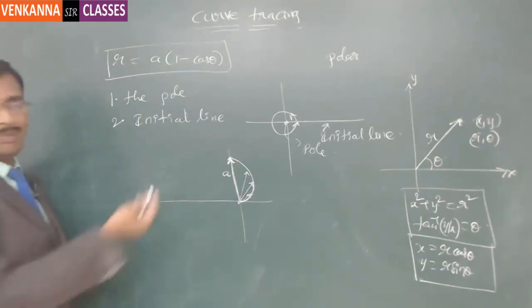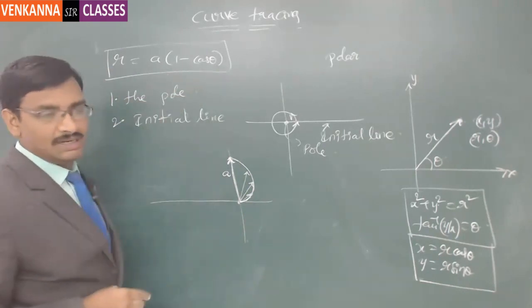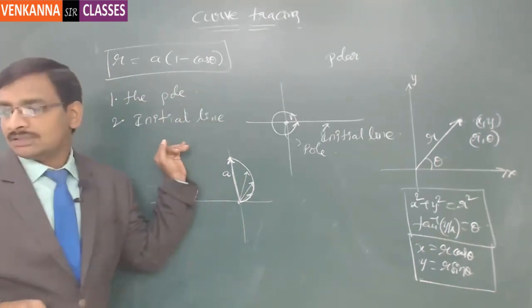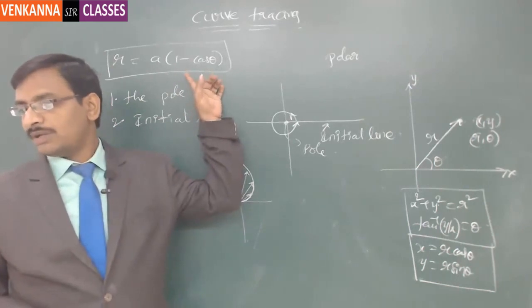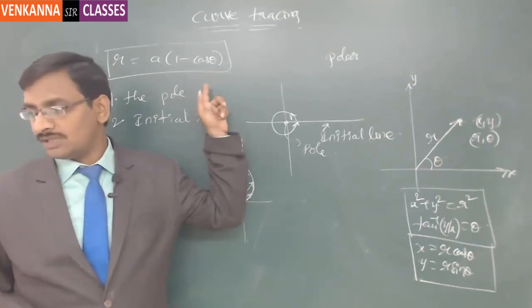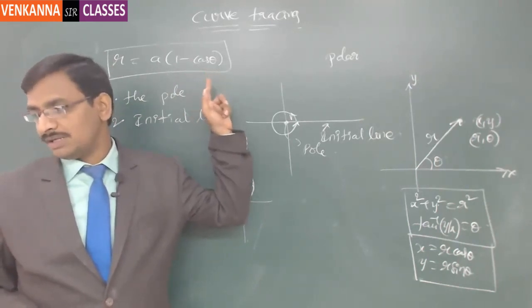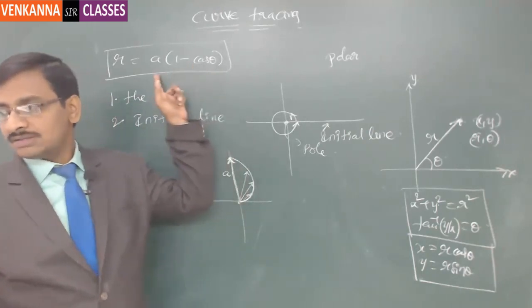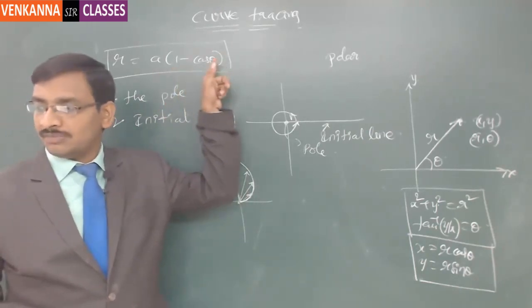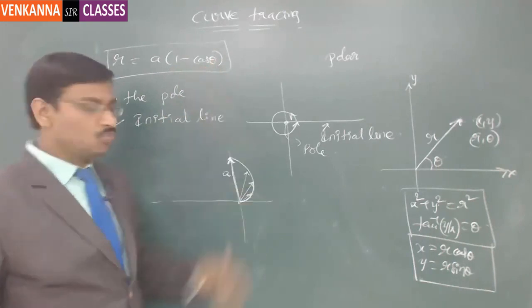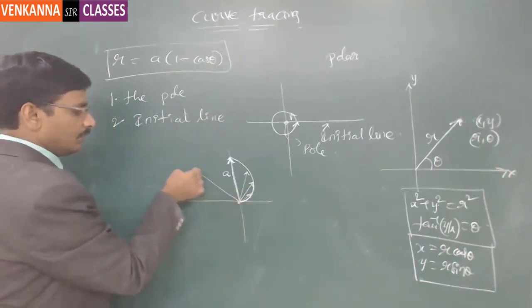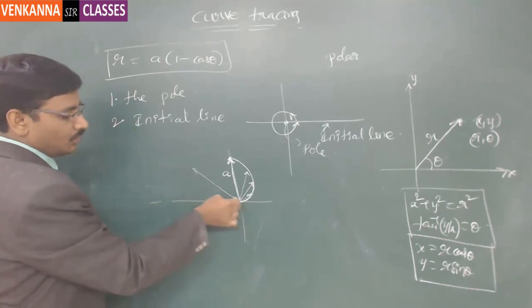Now, if you keep on increasing the value more than 90 degrees, let us say 120 degrees, that is 2 pi by 3. So 2 pi by 3 is nothing but the negative value of cos, that is cos of 90 plus theta. So it will be 1 plus something, that means a positive value which is more than this. That means you are going to get a bigger value like this. So that is at 120 degrees.